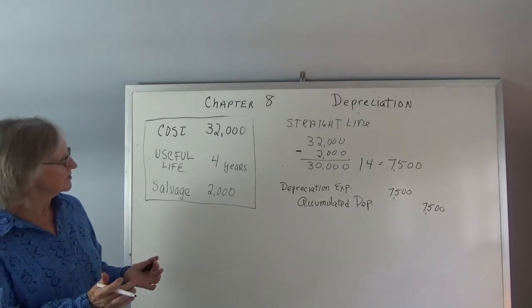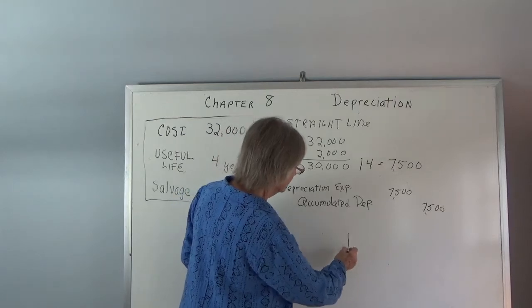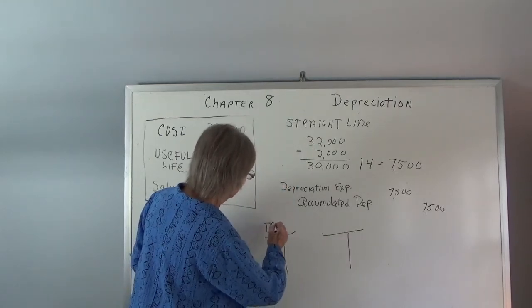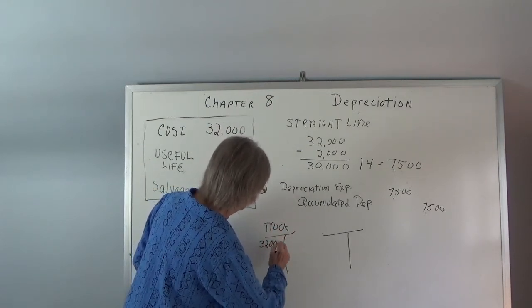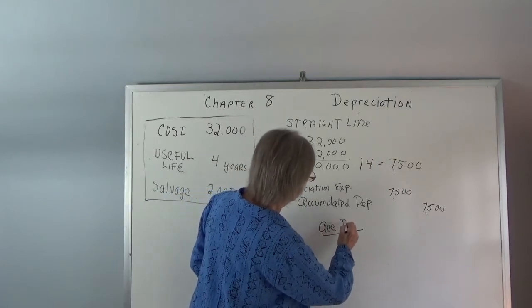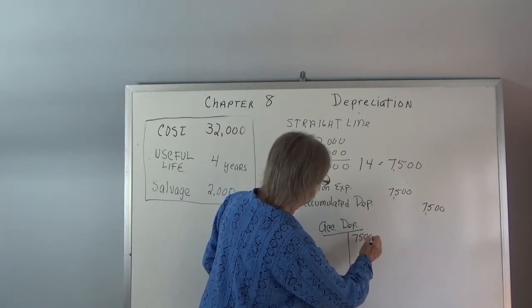So if you were going to look at the accumulated depreciation account, okay, so here's your truck account. It's got $32,000 in it, and that'll stay like that until the end. And then you've got your accumulated depreciation account. At the end of year one, that would have $7,500 in it.